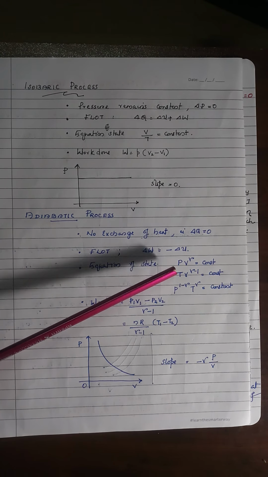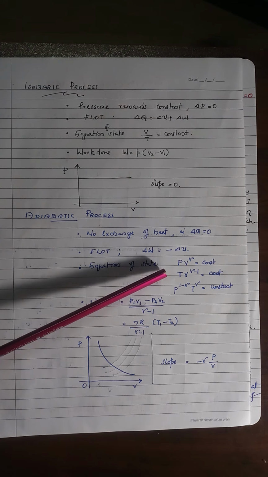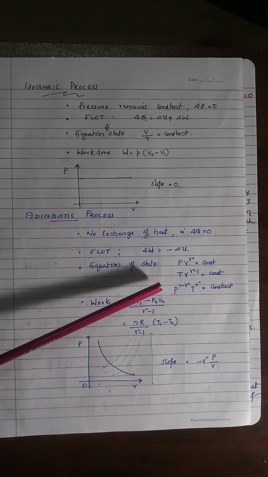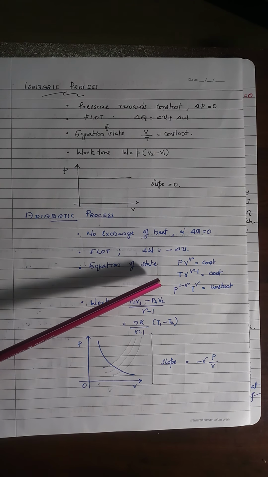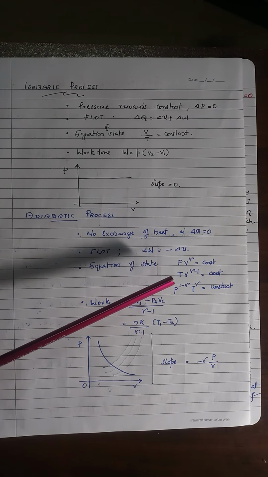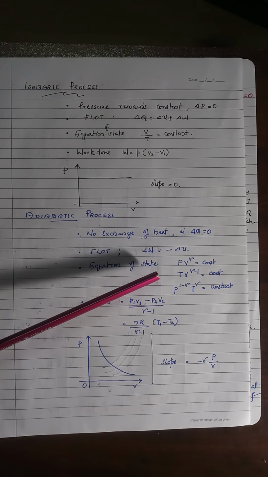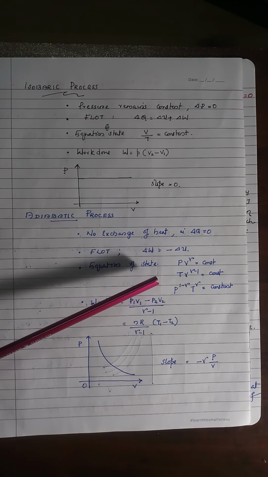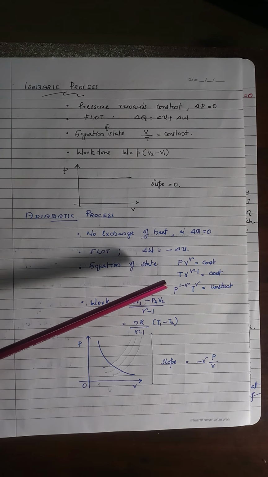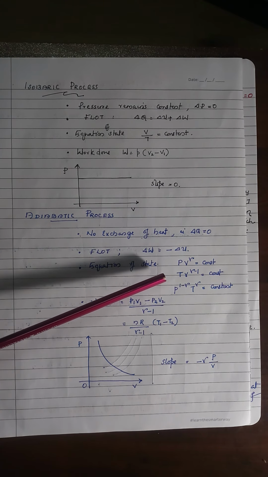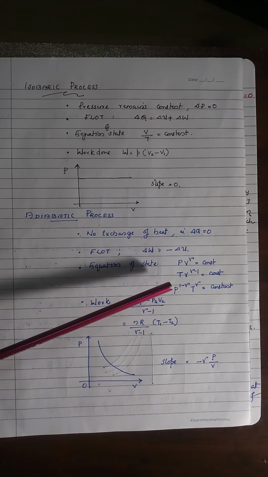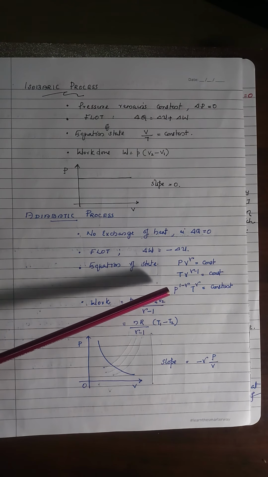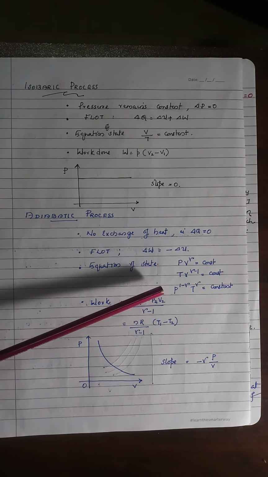Look, the three important relations representing the equation of state of an adiabatic process: PV raised to gamma is a constant. Then you can substitute PV is equal to nRT for different parameters. We can write TV raised to gamma minus 1 is a constant. Then P raised to 1 minus gamma into T raised to gamma is a constant.